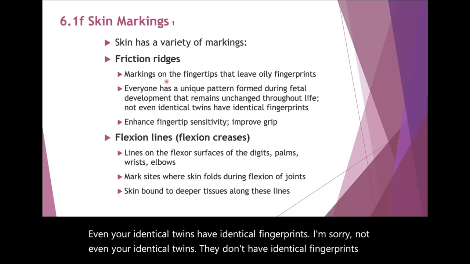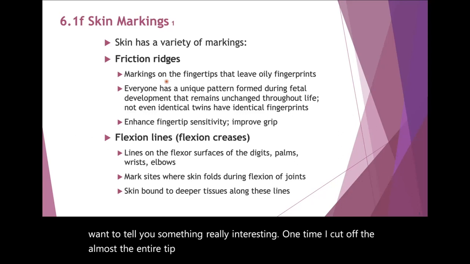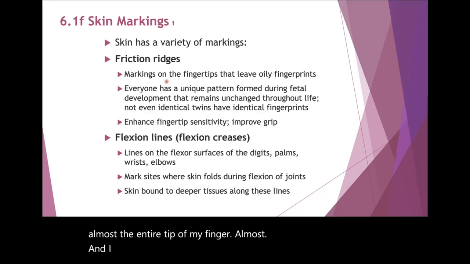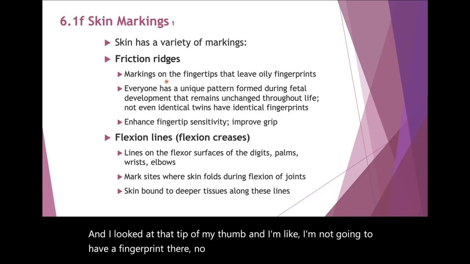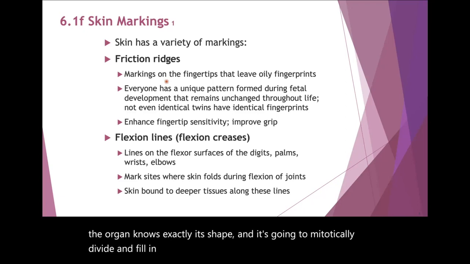So I want to tell you something really interesting. One time I cut off almost the entire tip of my finger, almost. And I looked at that tip of my thumb and I'm like, oh, I'm not going to have a fingerprint there. No. But what you learned in 1111 is that the organ knows exactly its shape, and it's going to mitotically divide and fill in all of the cells to the shape that it's going to be.